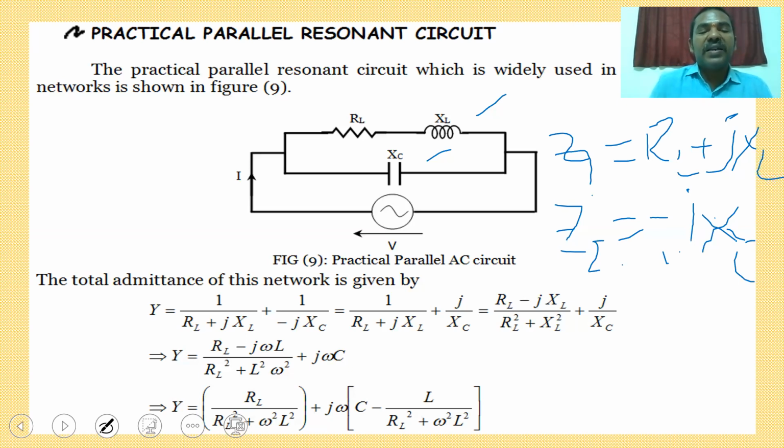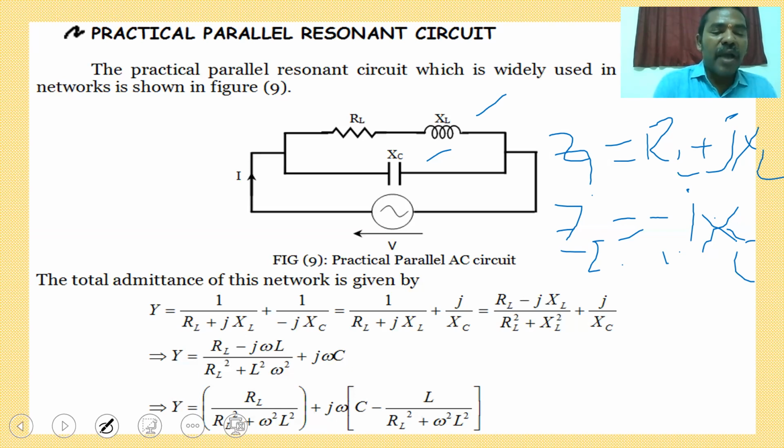Go for the rationalization: (RL minus jXL) divided by (RL square plus XL square) plus j divided by XC. Then you have to go for segregation of real and imaginary parts: (RL minus j omega L) divided by (RL square plus L square omega square) plus j omega C.